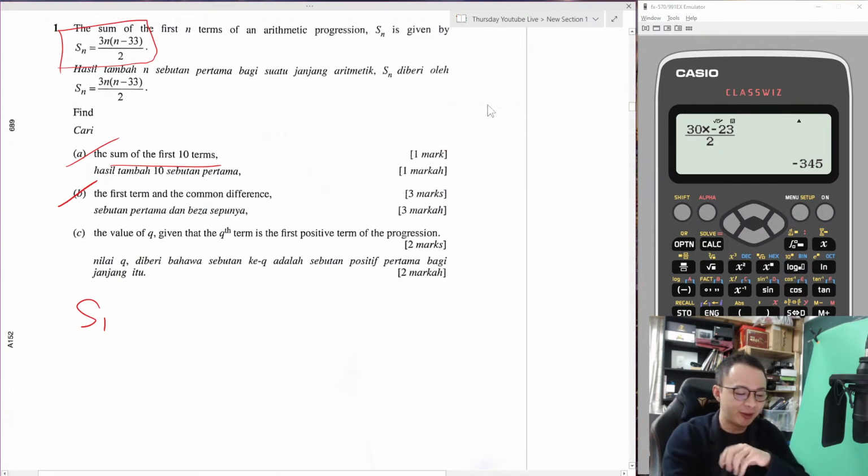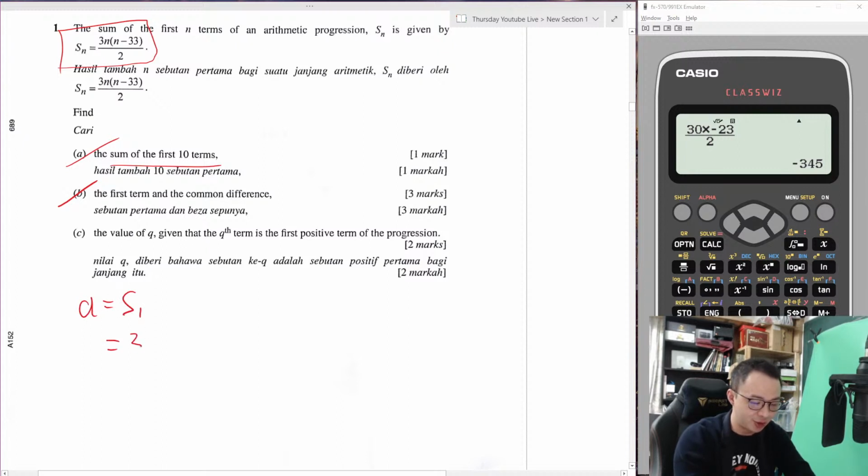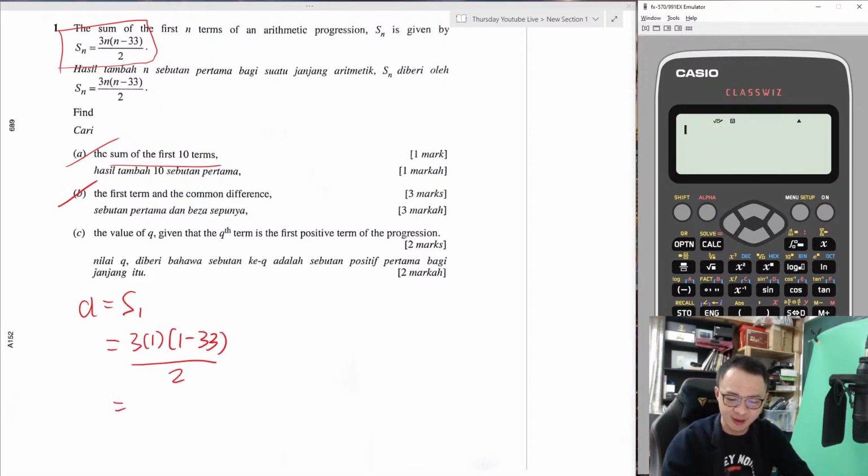I want to find A. I know S1 is equal to A, or I prefer to write it like this: A is equal to S1. So it is 3 times 1 times 1 minus 33, over 2. So basically 3 multiply negative 32, and then divided by 2. So negative 48 is my first term.